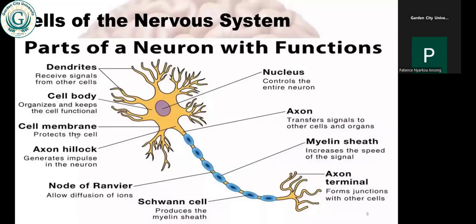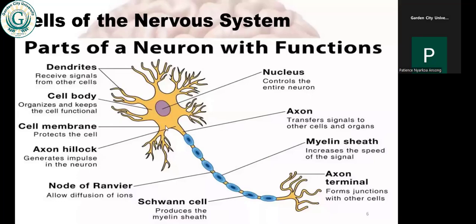So looking at the structure of the neuron, a specialized cell, specialized because of the structure and its unique function, which is transmission of signals in the body. We have the branch-like structures, which are the dendrites that receive signals from nearby neurons or even from parts of the body. Then we have the cell body or the soma, which is where the nucleus and other organelles are found, and that is where the cell is kept alive and kept functioning.